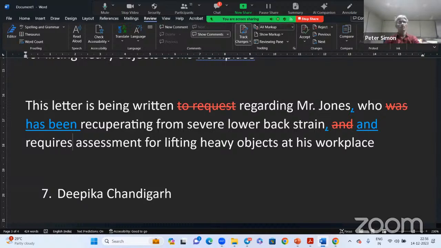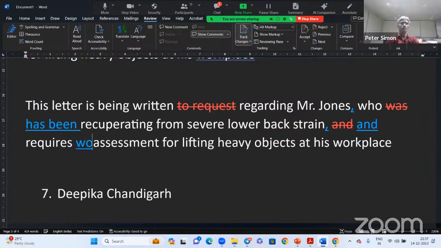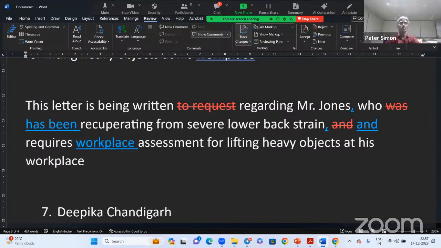No. Requires workplace assessment. Finished. So this is enough. For lifting heavy objects at his workplace, that's not fine.